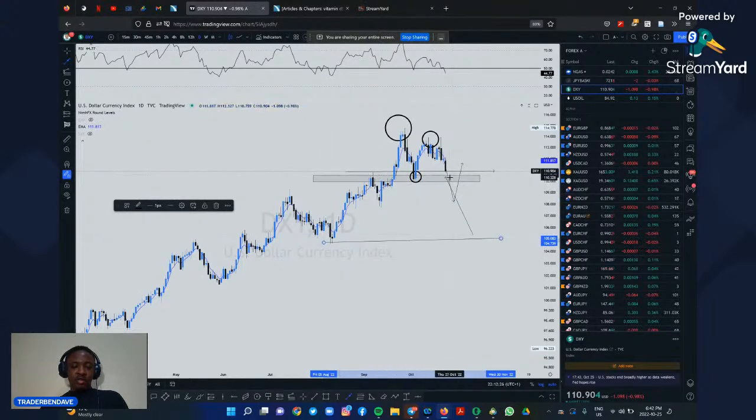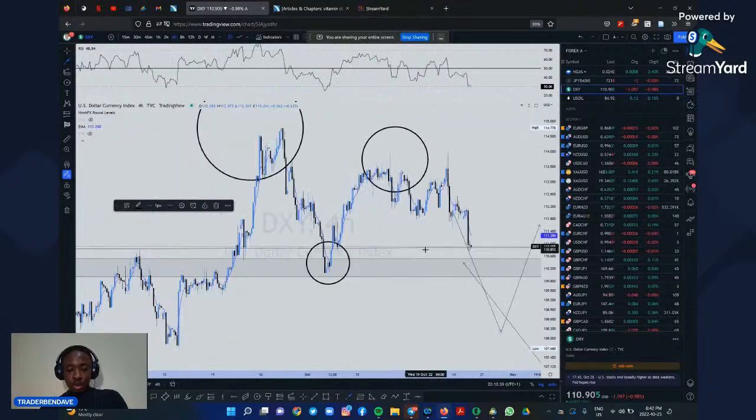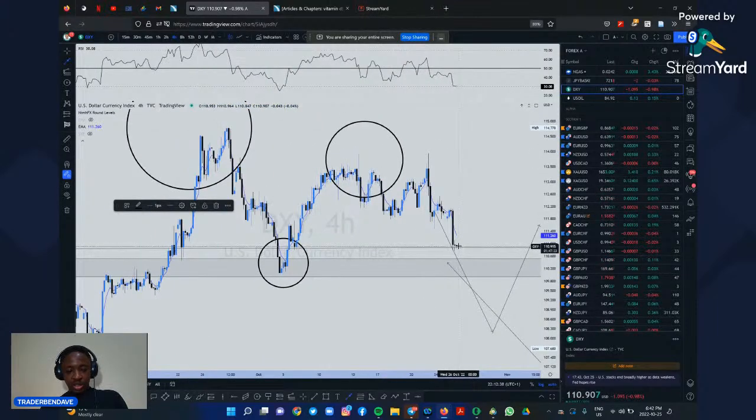But until this level or this low is broken, the dollar is still strong. But currently we are in a short-term weakness, which could see the dollar continue to push into this level here, right? So even though the dollar is long-term bullish, we are currently bearish, so we should treat it as such until there are some changes that the market shows, right?